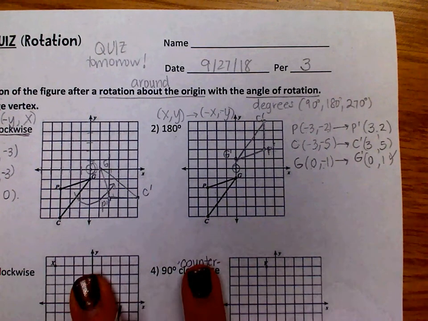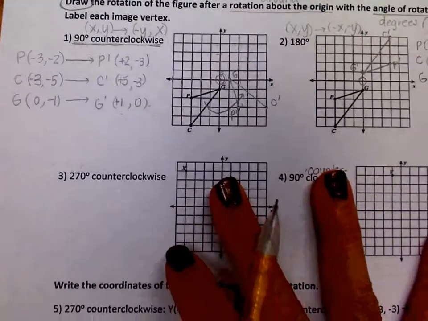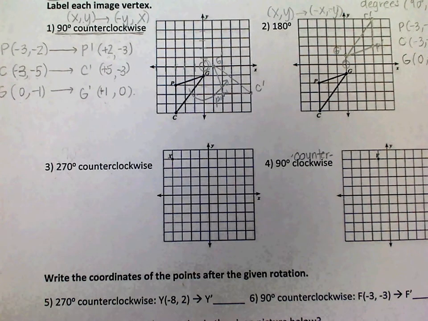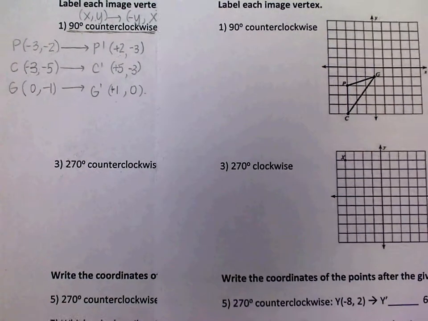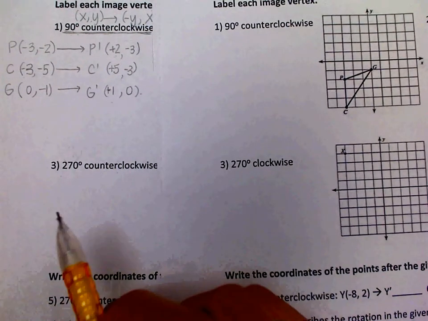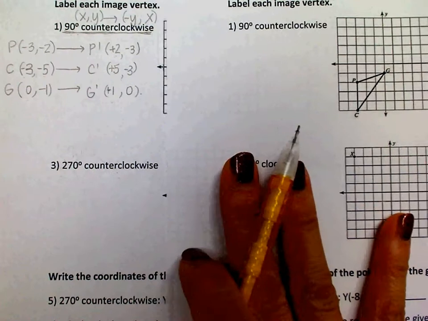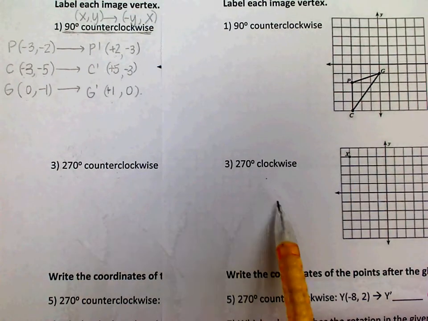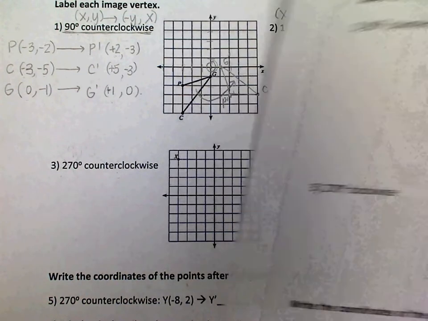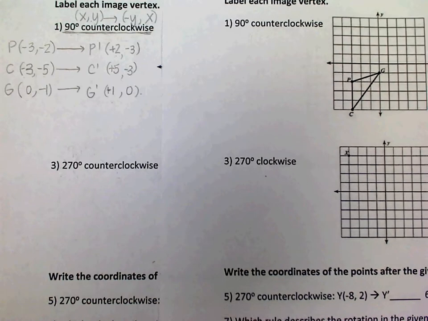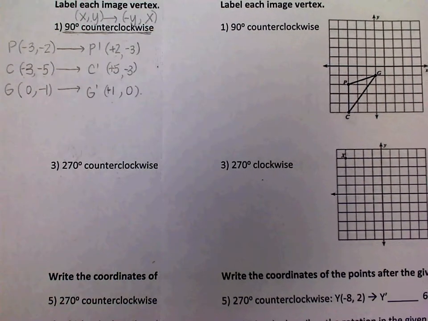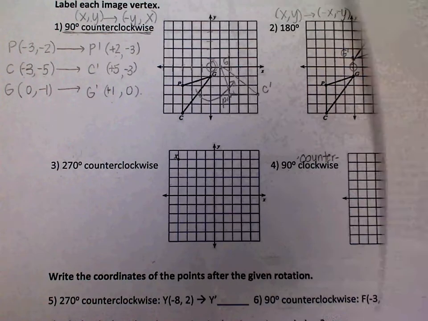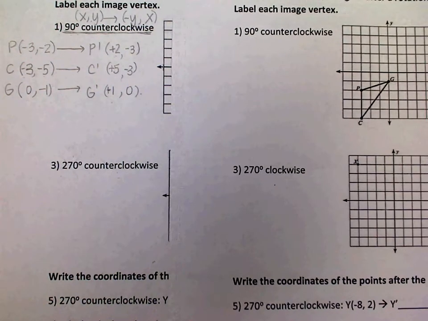All right, number 3, thankfully we only have two now. Number 3, I accidentally gave you guys 2 different versions, so some of you have 270 counterclockwise and 270 clockwise. I apologize for the confusion, okay? So if you've already done the homework, then go with whatever originally was there, but what I meant for it to be was 270 clockwise.